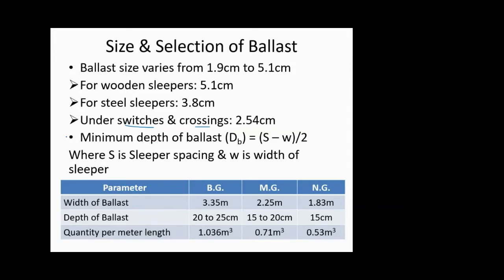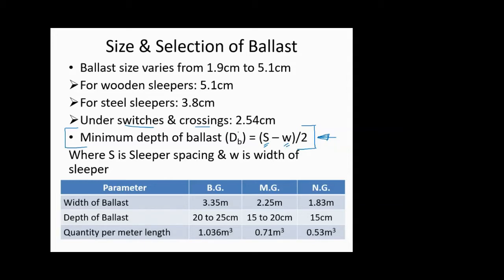Then there is a standard formula used in Indian Railways for finding out the minimum depth of ballast layer. Now, generally, no numerical is asked on this in your university exams, but this formula is useful from the competitive exam point of view. There can be a numerical on this, where the thickness depends on the sleeper spacing you are providing, which is shown by capital S, and the width of the sleeper.